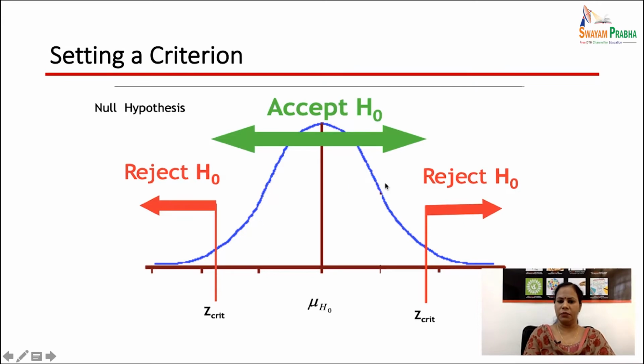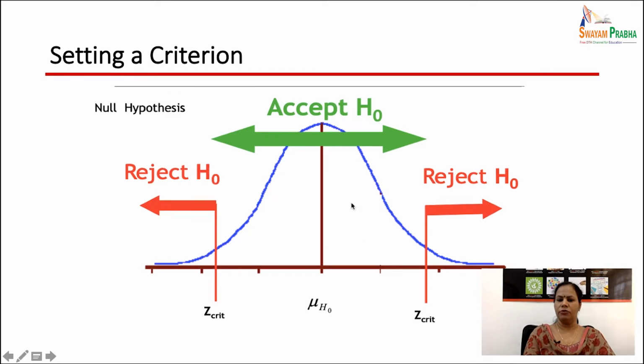This particular zone where 95% of the values fall is plus minus 1.96 or plus minus 2 standard deviation. If any sample mean is falling in this area, that is known as the zone of acceptance. But if any value is falling beyond the 95% of values, or you can say plus minus 1.96 standard error, then those will be falling in the zone of rejection.